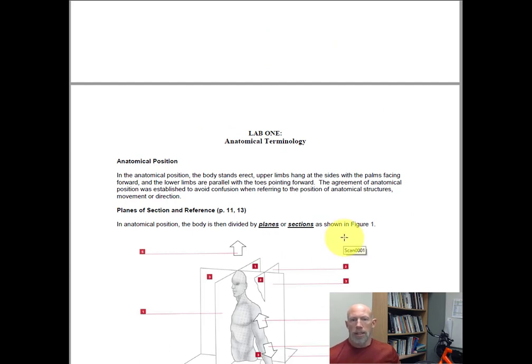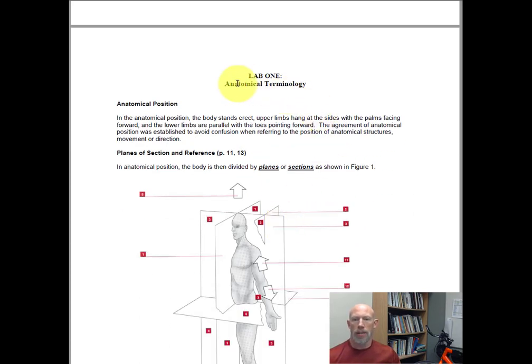So when it comes to the terminology here, anatomical terminology, as I mentioned in my introductory video, knowledge of this will help you to wrap your head around and be more successful in learning the rest of the content, because you'll have some reference.